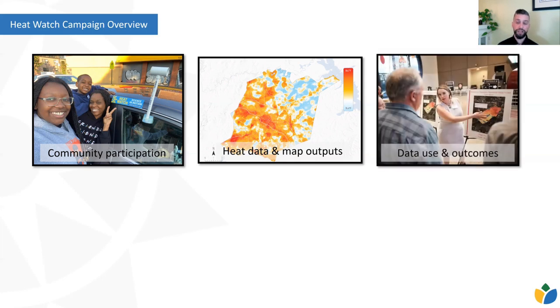And that has been found to be really useful for planners and health officials and those in heat mitigation and heat preparation spaces and emergency management to take action, to generate interventions and create different outcomes for our communities around the country.